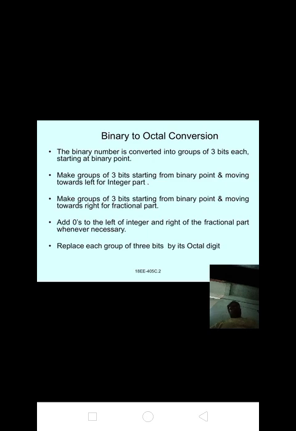Binary to octal conversion. The binary number is converted into groups of 3 bits each, starting at the binary point.